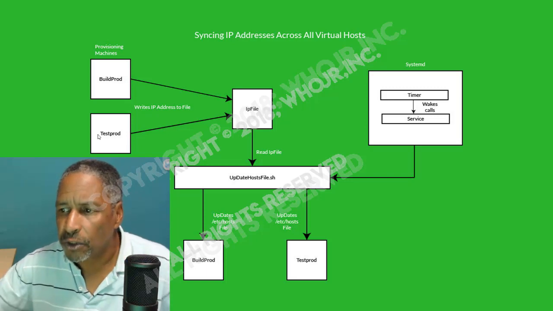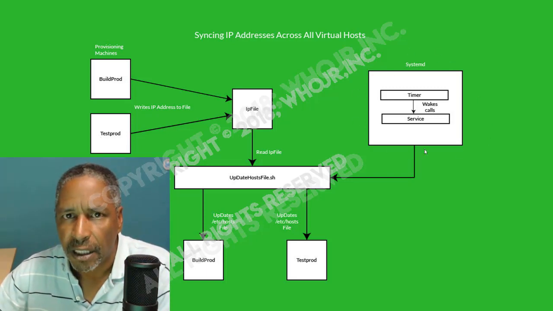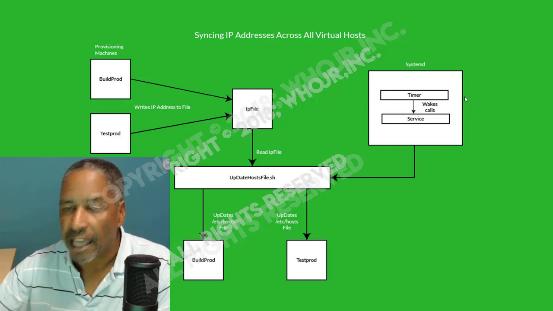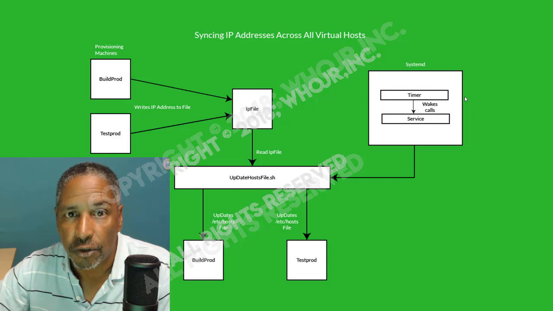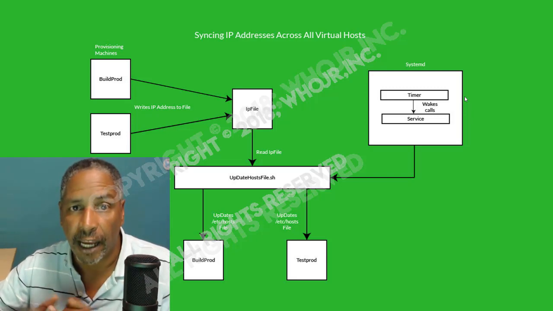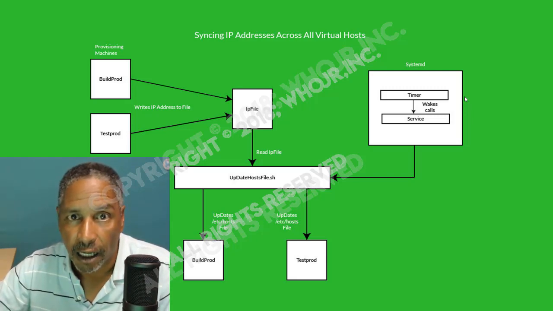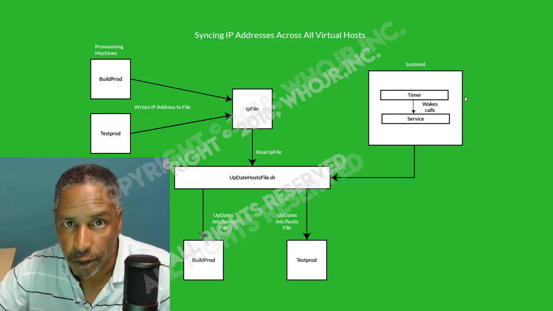Well, we're going to use systemd, and that's what this big block is over here. Systemd has unit files that we're going to define in order to set up a cron-like structure for our script to be called. And to do that, we're going to define a timer unit file and a service unit file.